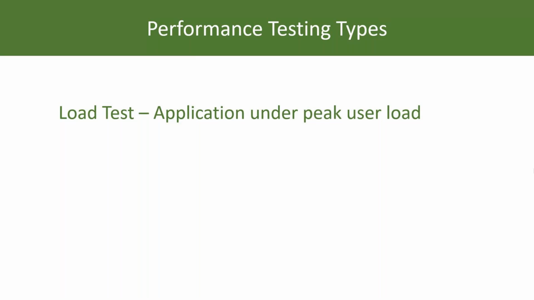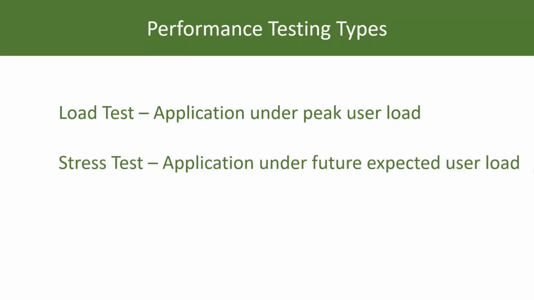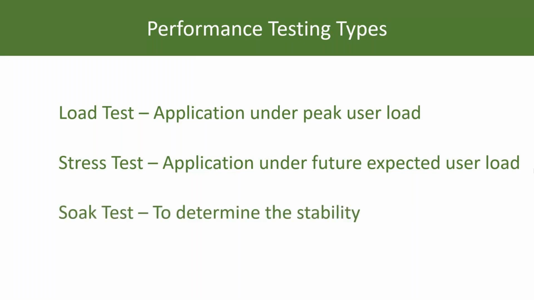If somebody says performance test, most likely they are referring to the load test. Stress test is finding the future expected user load of the application. Soak test is used to determine the stability of the system. It can also be called an endurance test.